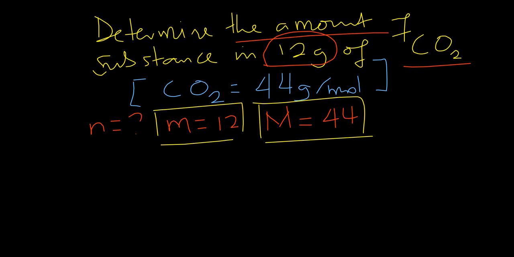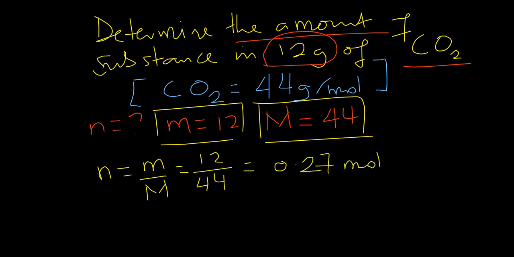The mole is given by the mass over the molar mass. The mass is 12 grams. The molar mass is 44 grams per mole. So that would be 12 divided by 44. When you do the mathematics, 12 divided by 44, that will give us 0.27 mole.